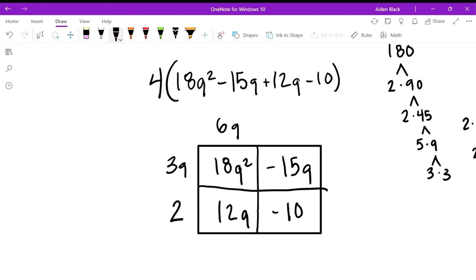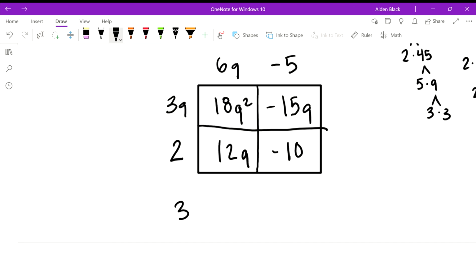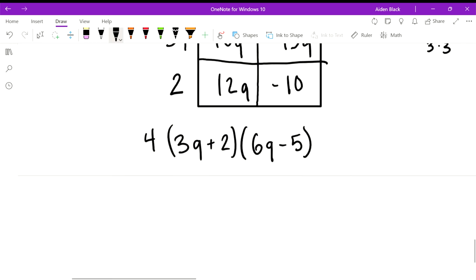And then whatever this value is, when we multiply it with 2, we should get negative 10. So that's pretty quick, right? We know it's going to be negative 5. Okay, let's try it out. 3q plus 2, and then we have 6q minus 5. Okay, and that 4 is still out there.